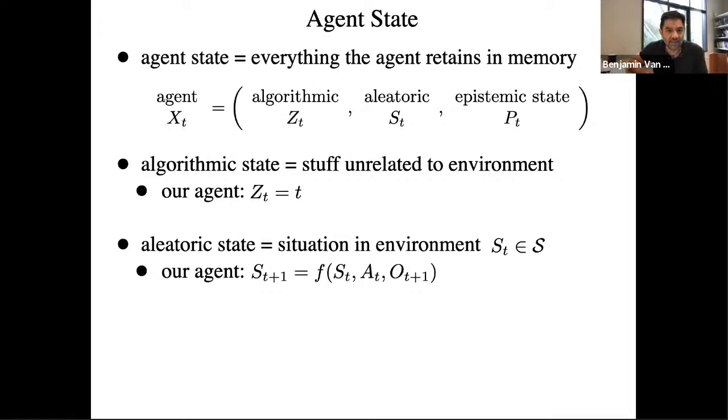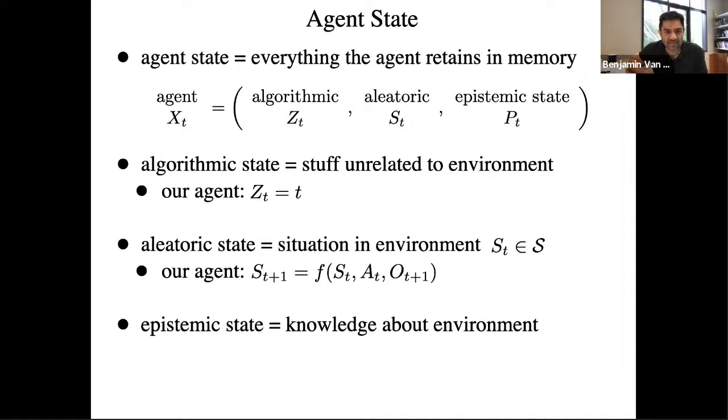So there's some function f, I'll call it the aleatoric state update function. And the next aleatoric state is generated by f as a function of the previous aleatoric state, the previous action, and the current observation, okay? So the agent can internally update its aleatoric state as it executes actions and registers observations.